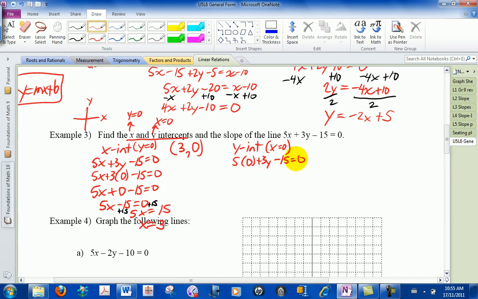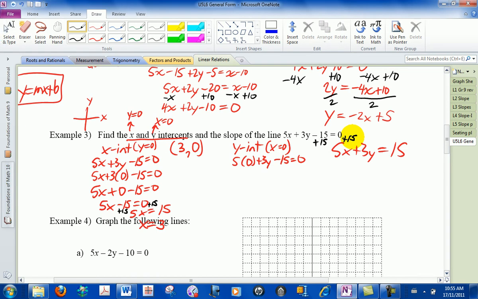Now you know what? I hate to tell you this, but I'm going to tell you a shortcut. What do you notice about both sides? Look at this 15. What are you going to have to do with this 15, folks? At the very bottom, what are you going to have to do? You're going to have to kick it to the other side. So why don't we kick it right at the beginning? Why don't we just add the 15 here? That's easier to work with. Makes it easier, up to you if you want to use it.